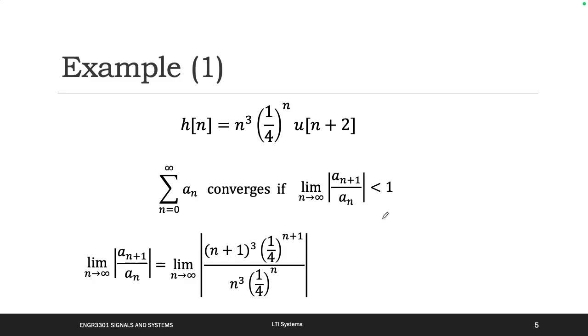So if n is greater or equal than -2, this one also is 1. That makes sense to you? Yeah. So this is 1, this is 1, we can remove it.